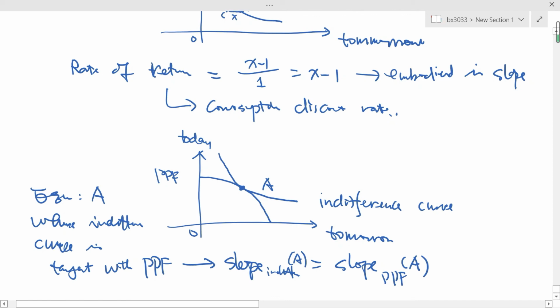So if there's no distortion in the economy, there's no tax, then the consumption discount rate will be the same as the production discount rate.